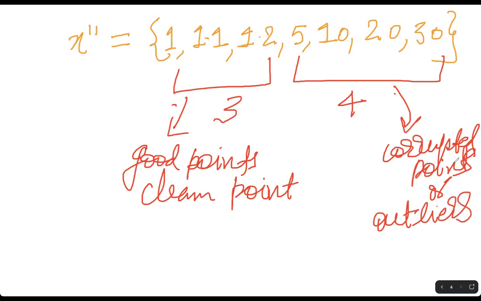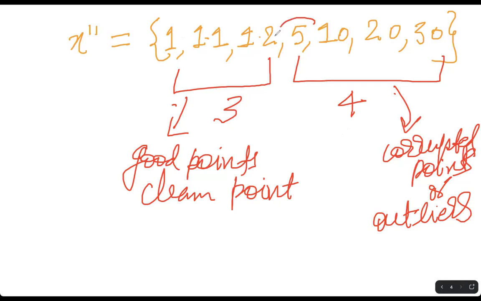So if more than 50% of my points are corrupted, what is the mean and median of X double dash here? The median of X double dash here is, this is my middle value because there are an odd number of points, 1, 2, 3, 4, 5, 6, 7.